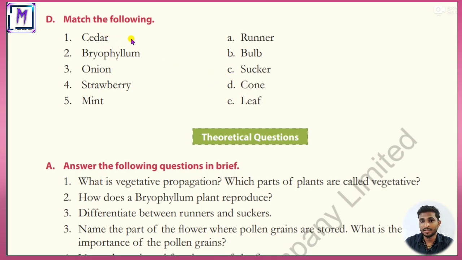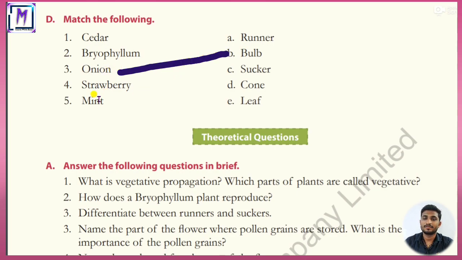Then next is bryophyllum. As we know, bryophyllum develops through its leaves, so we connect point 2 to option E, the leaf. Next is onion. Onion reproduces through its bulbs, so option B for the onion.